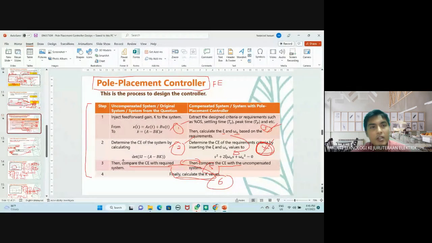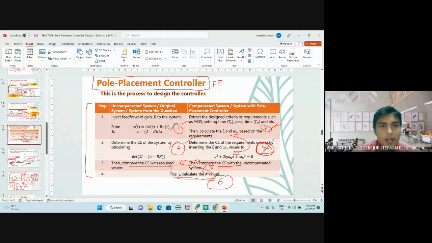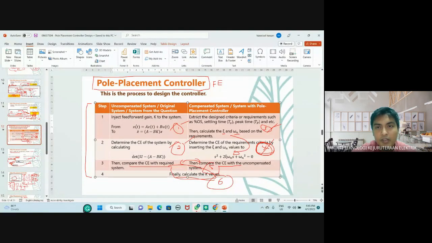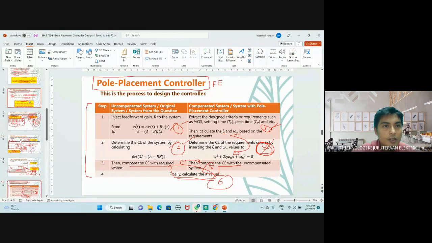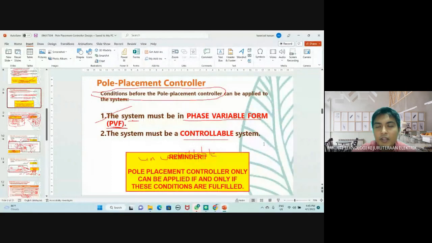This step is really important. Before you implement this step to design the pole placement, you need to check these two criteria. The system must be in phase variable form, and the system must be controllable. After that, done, complete. You can do your final exam for the pole placement controller design and also for lab number 2.